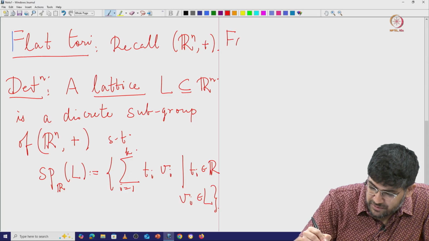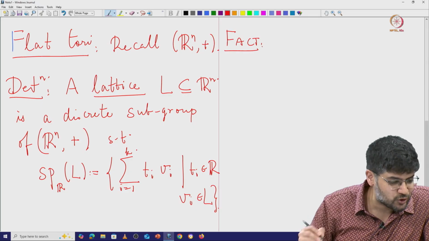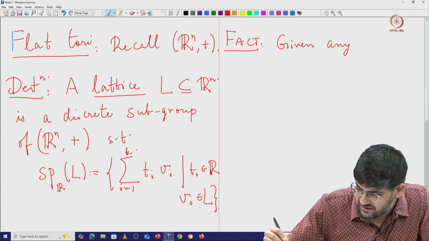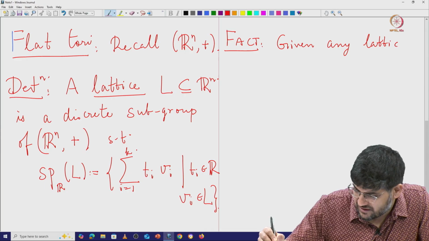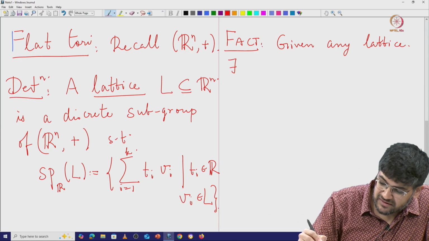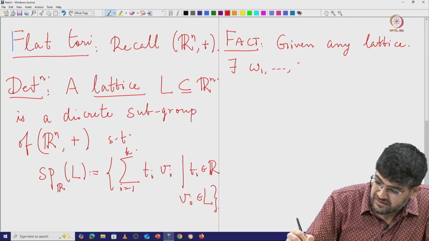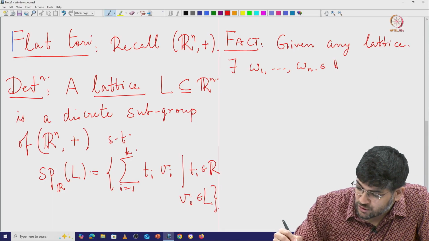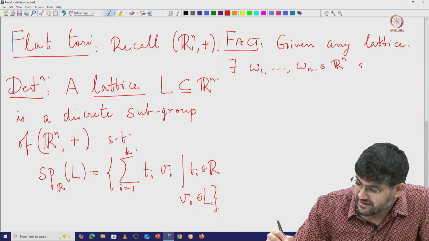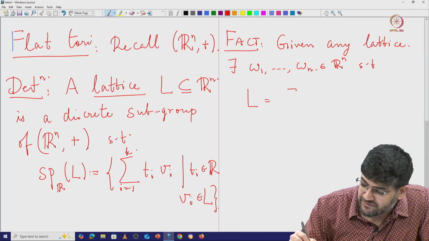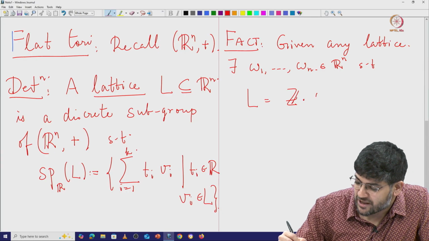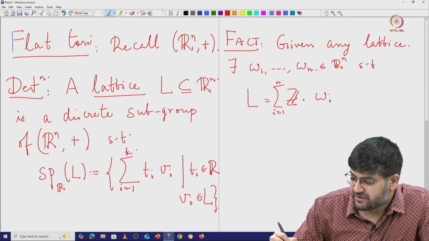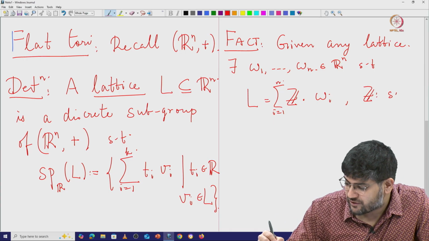A fact that is not too difficult to check is that given any lattice, there exist vectors omega 1 to omega n such that the lattice is simply given by Z multiplied by omega i, where Z is as usual the set of integers.